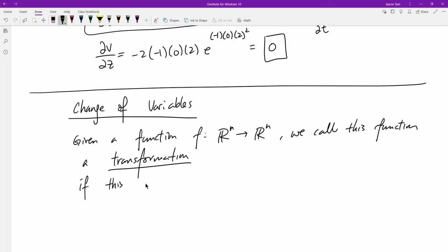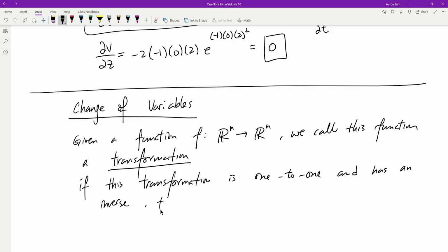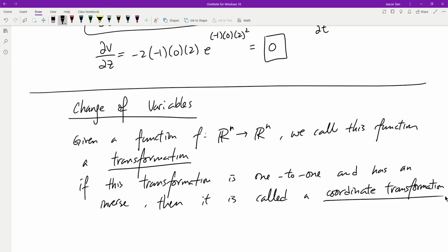Now, if this transformation is 1-to-1 and has an inverse, it serves a very unique purpose. Then it is called a coordinate transformation, because a transformation like this allows us to change coordinates within a function.